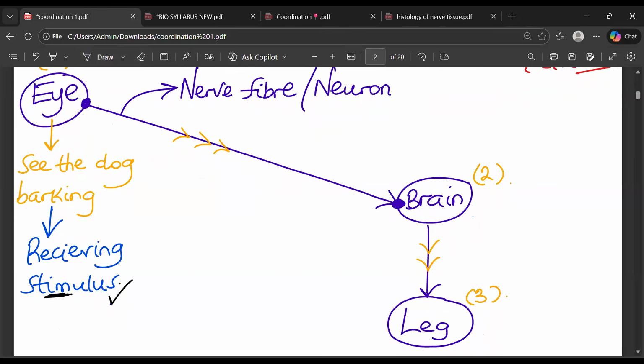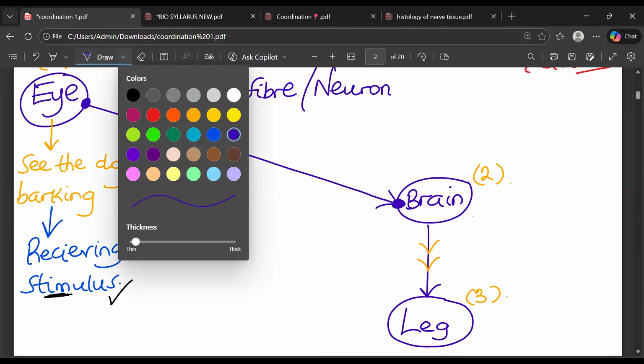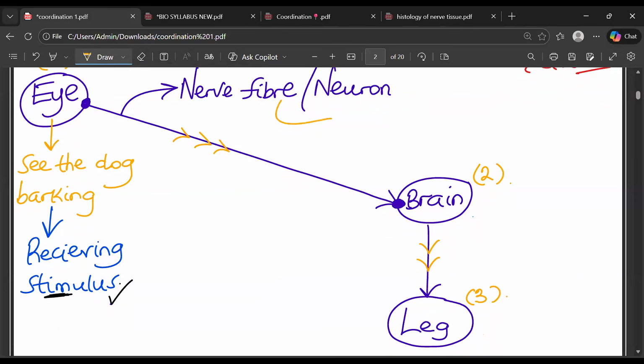So, someone may be like, yes, it's a nerve fiber, but does a nerve fiber really transmit the stimulus like the way the eye receives it? That is a no. It's a big no. It cannot transmit the stimulus like the way the eye received it. So the nerve fibers only transmit what they call a nerve message.